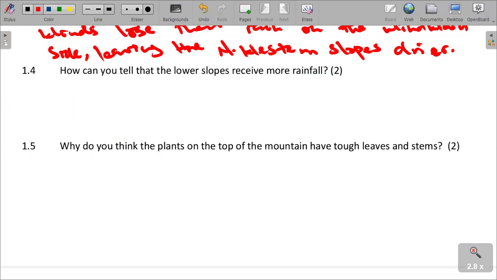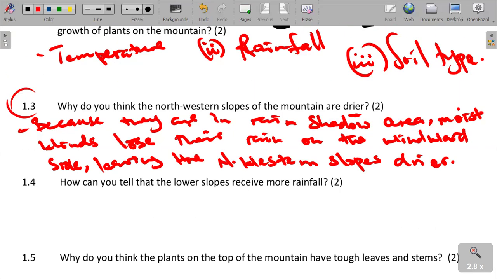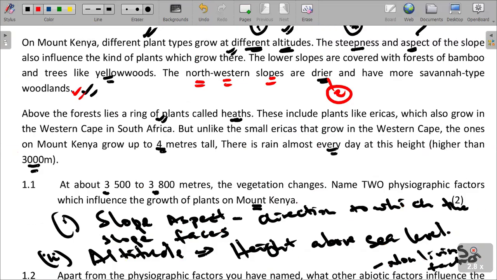And then, how can you tell that the lower slopes receive more rainfall? In terms of vegetation and rainfall, let's check the context again.